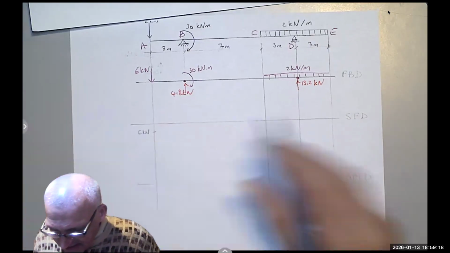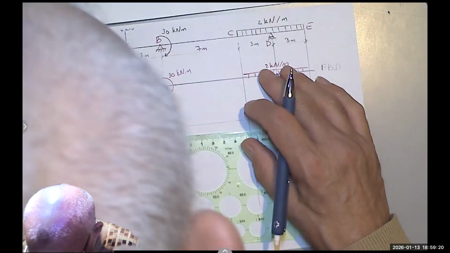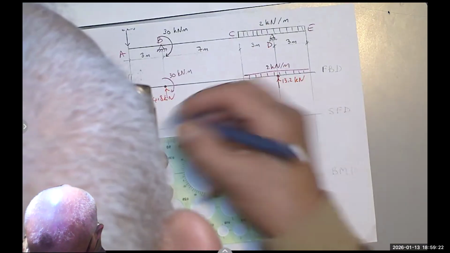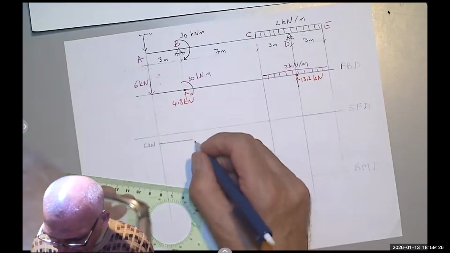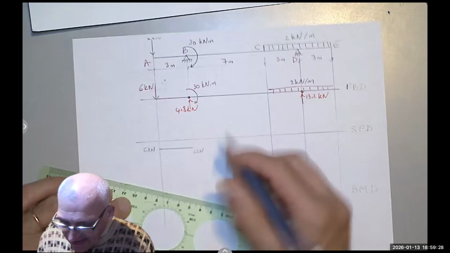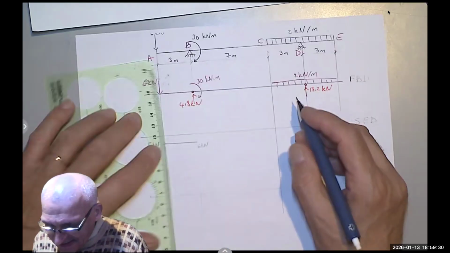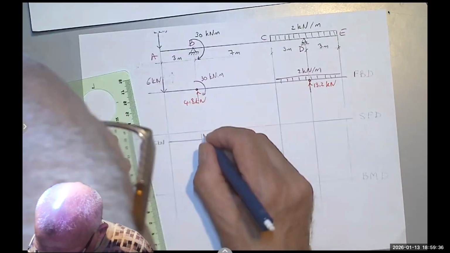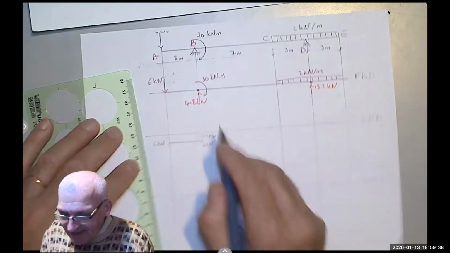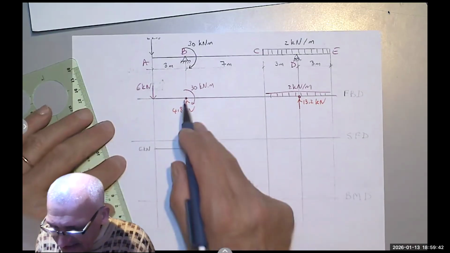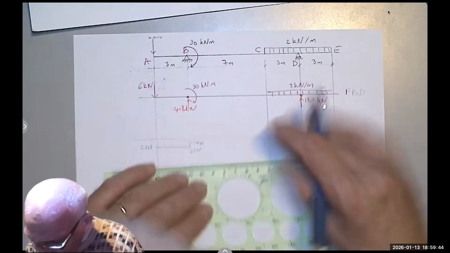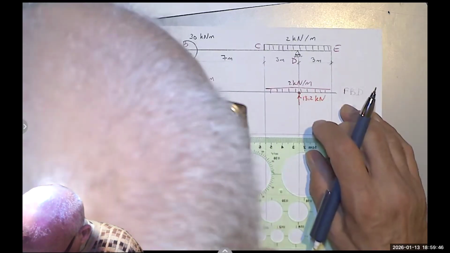And then it stays the same at negative 6 up until it comes here. And then it goes up 4.8, but it's still negative, at negative 1.2 kilonewton. And then that's a couple. It doesn't do anything in the force. Stays at 1.2 all the way till here.